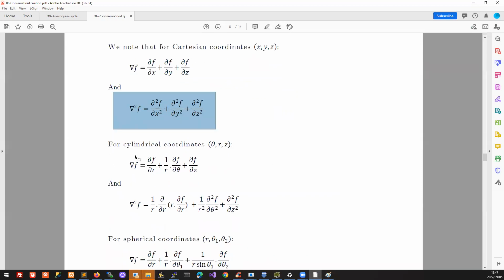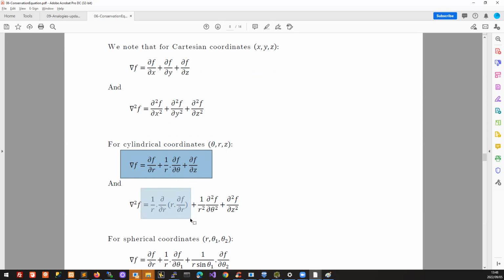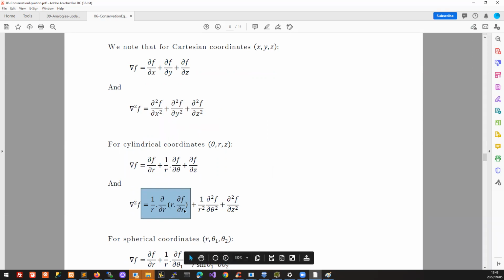Then for cylindrical coordinates, you can show that you have a 1 over r times df d theta. Well, that term we don't normally have. We just normally have a df dr. But for the second order term, you will find that it's 1 over r d/dr of r df dr. So this in cylindrical coordinates is what we get for the del squared.